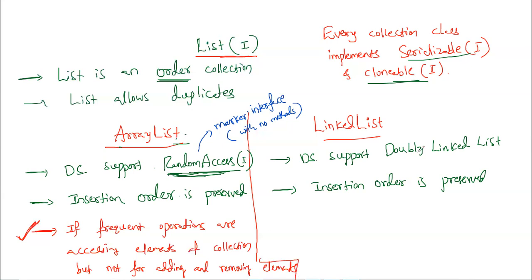When it comes to LinkedList, here there is a solution and there is a problem. When should we go for LinkedList? In ArrayList, what's the problem? Adding and removing is the problem. The same thing is a solution in LinkedList. In ArrayList, what's the solution? Accessing elements. The same thing is a problem in LinkedList.